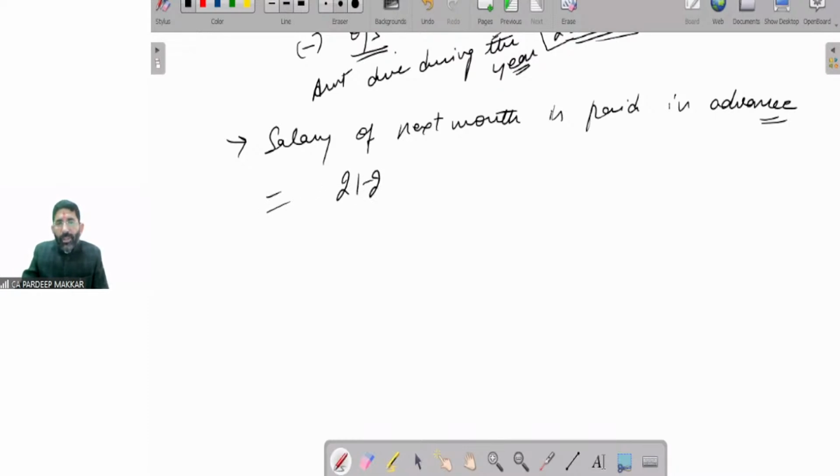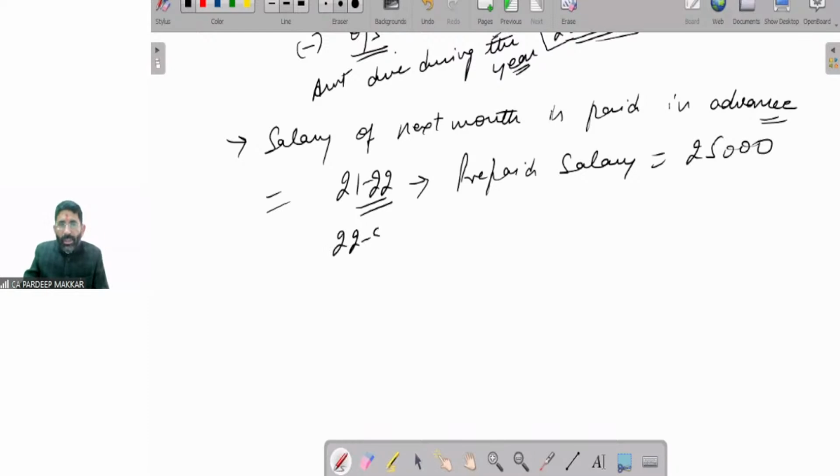And he says that in 21-22, prepaid salary was rupees 25,000, and in 22-23, prepaid salary is worth rupees 30,000.